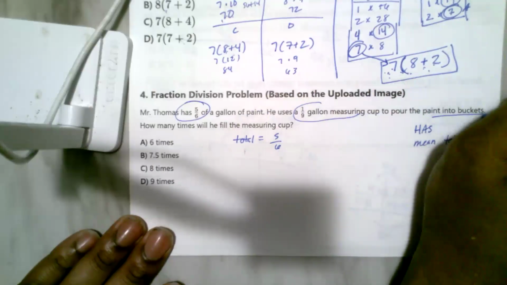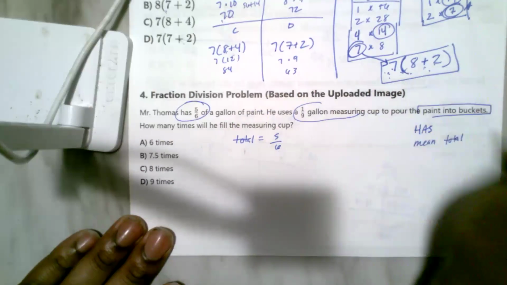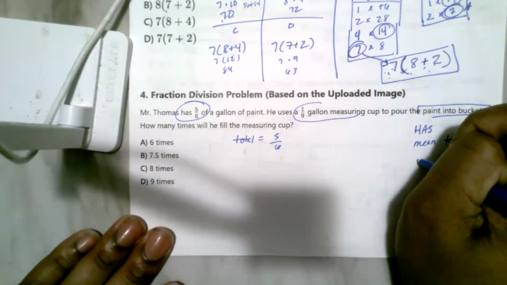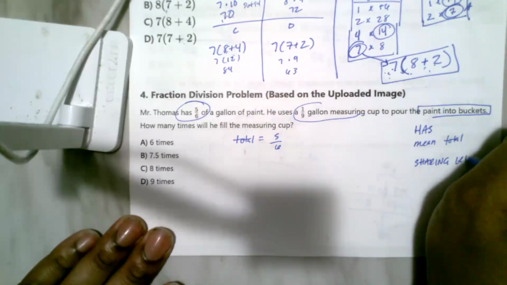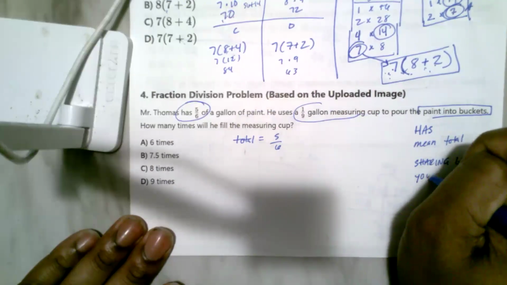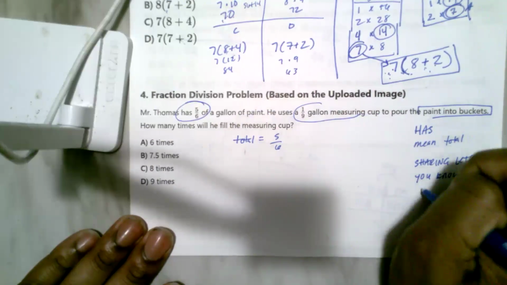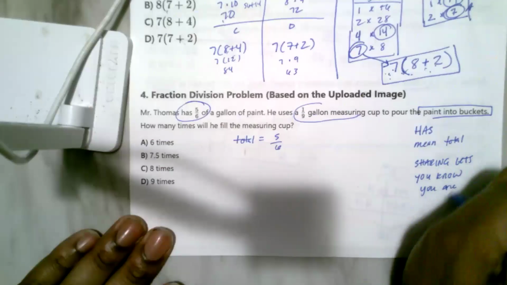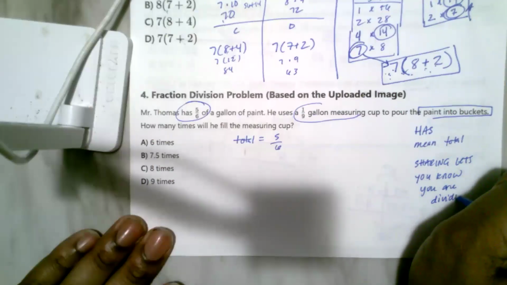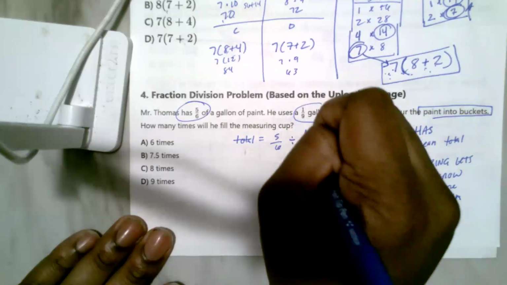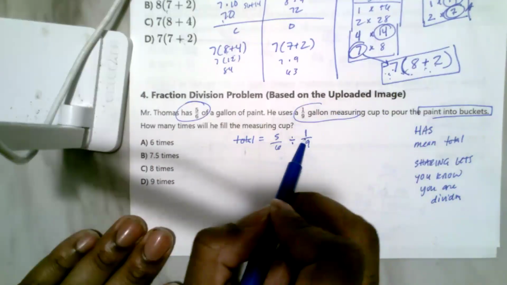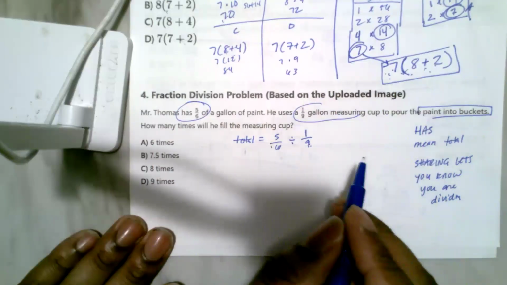When you see pouring something into equal buckets, sharing something, it lets you know you are dividing, right? So now you know you have to divide this by groups of 1/9. You have to see how many groups of 1/9 total 5/6.